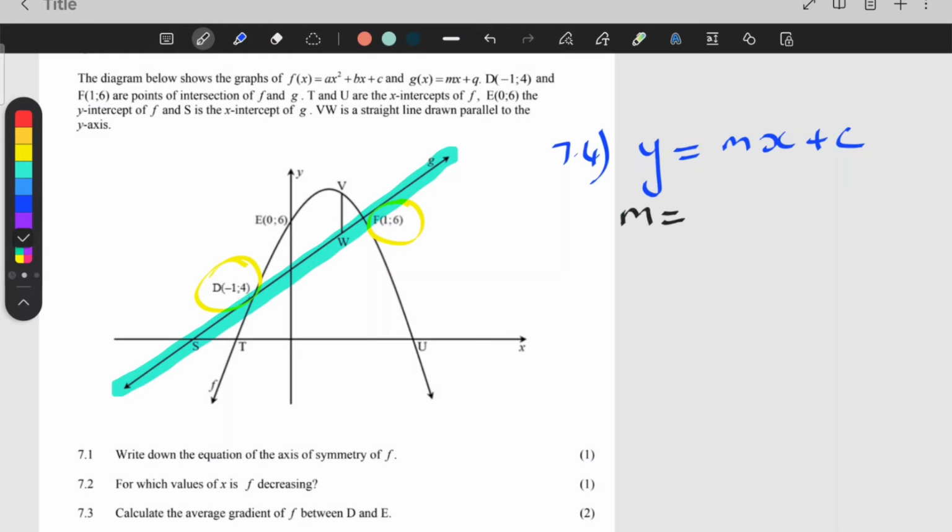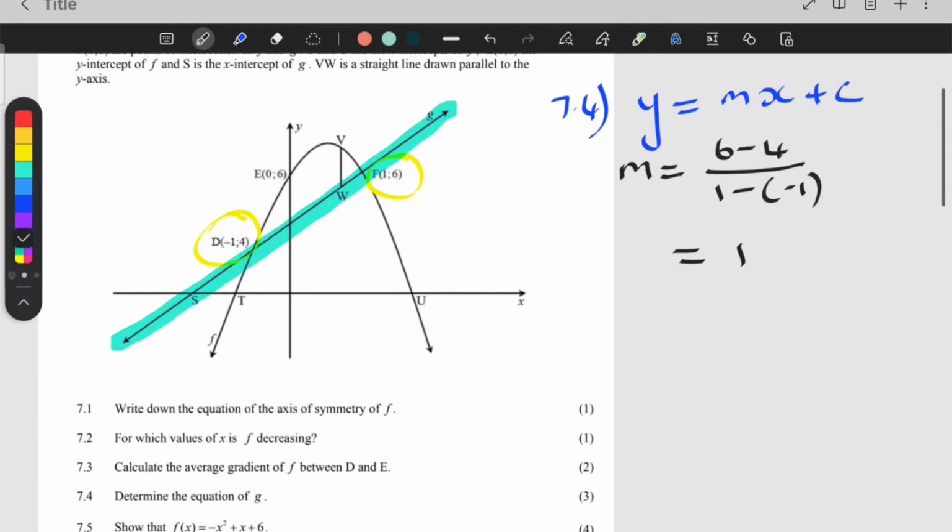I'm going to say the gradient is equal to this y minus that y. So 6 minus 4 over this x minus that x. So 1 minus negative 1. And I get my answer to be 1. Okay, so the gradient is 1. So far I have y is equal to 1x plus c. To get c, I need to substitute a point.